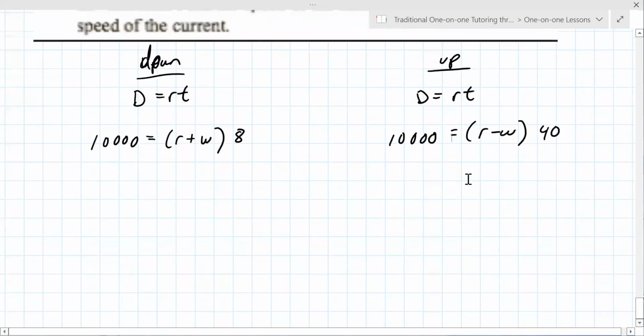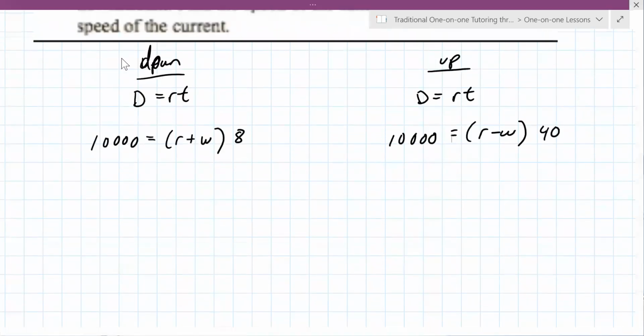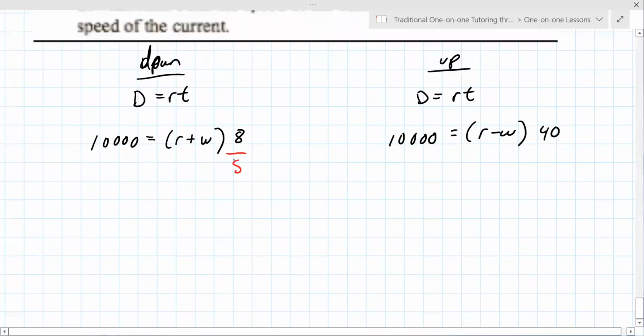Now, instead of doing what we did in the previous problem, we're going to divide both of these by 8 to start, or divide by 40 to start. And we really hope that that works out.